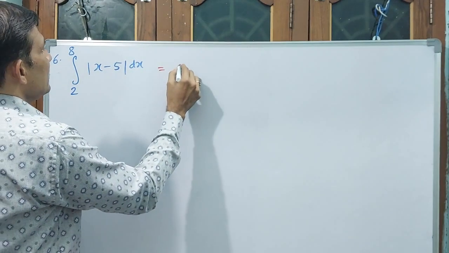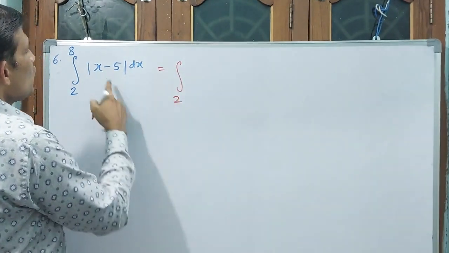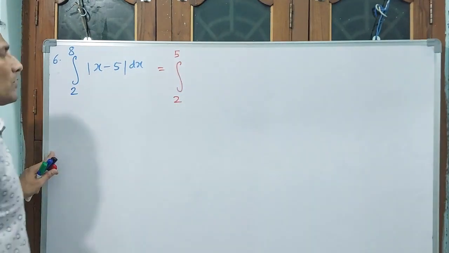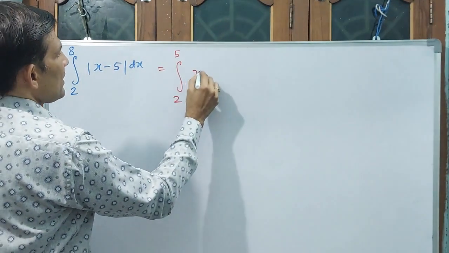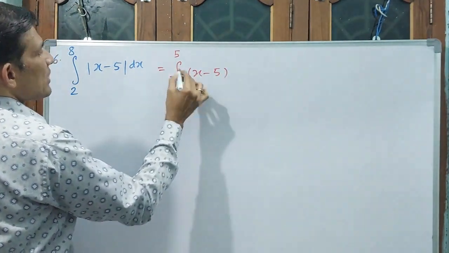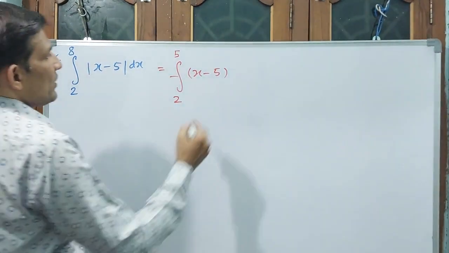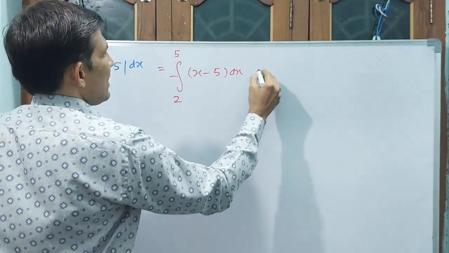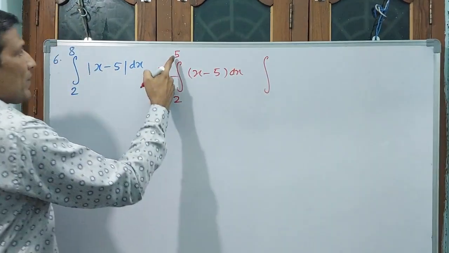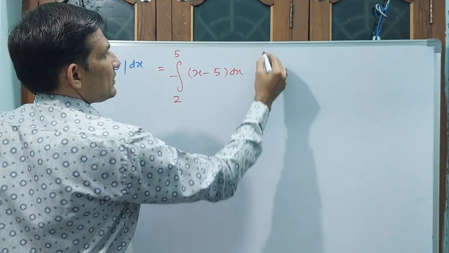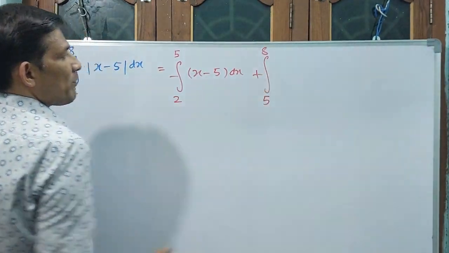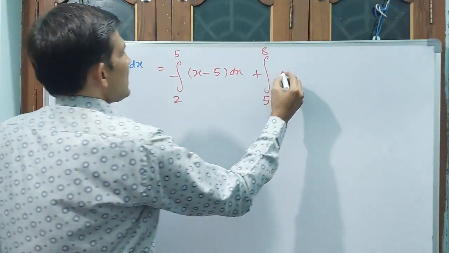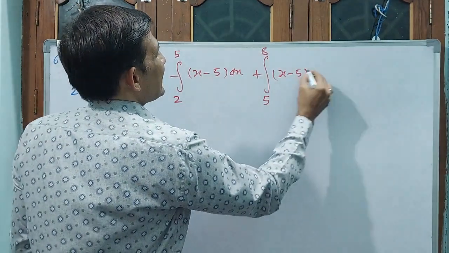That is equal to integral 2 to 5 x minus 5, but outside minus you keep, dx, again 5 to 8, but outside you keep plus. Why? Because plus is going to come, x minus 5 dx.